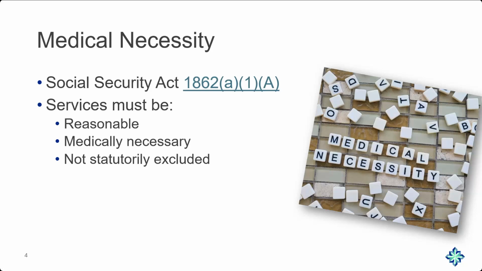Are they medically necessary? And you need to make sure that they're not statutorily excluded. When MACs review claims, and our medical review areas are looking at that, also when our comprehensive error rate, or CERT, contractors are looking at those, they're looking at that documentation to support the medical necessity of that service. That's first and foremost. So it all comes down to that documentation, and you'll hear me refer to that today, even before we get to that section of our presentation.